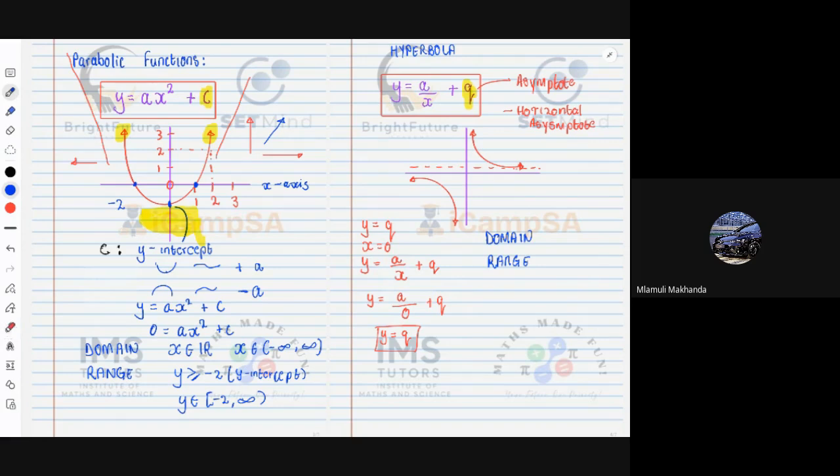For the domain, we are dealing with the x-axis. Domain corresponds to the x values, and range to the y values.